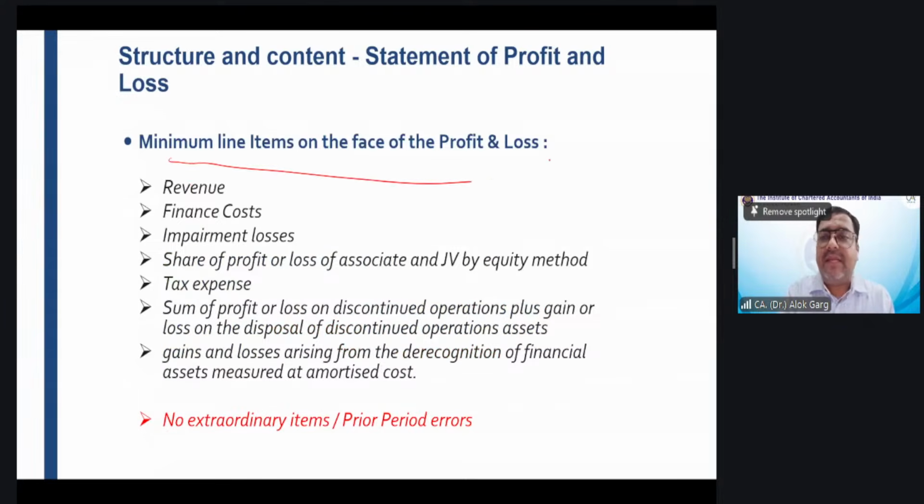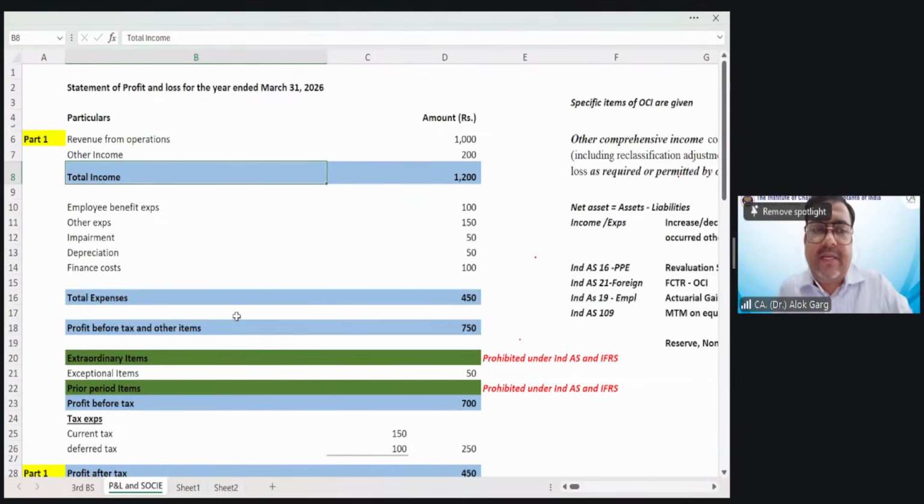There are minimum line items on the face of the profit and loss, which are revenue, finance cost, impairment, share of profit or loss of associate and JV, tax expense. So these are a few items given as minimum line items on the face of the P&L. Not maximum, minimum. इतना तो देना ही है. So first of all, Ind AS 1 provides you minimum line items on the face of the P&L.